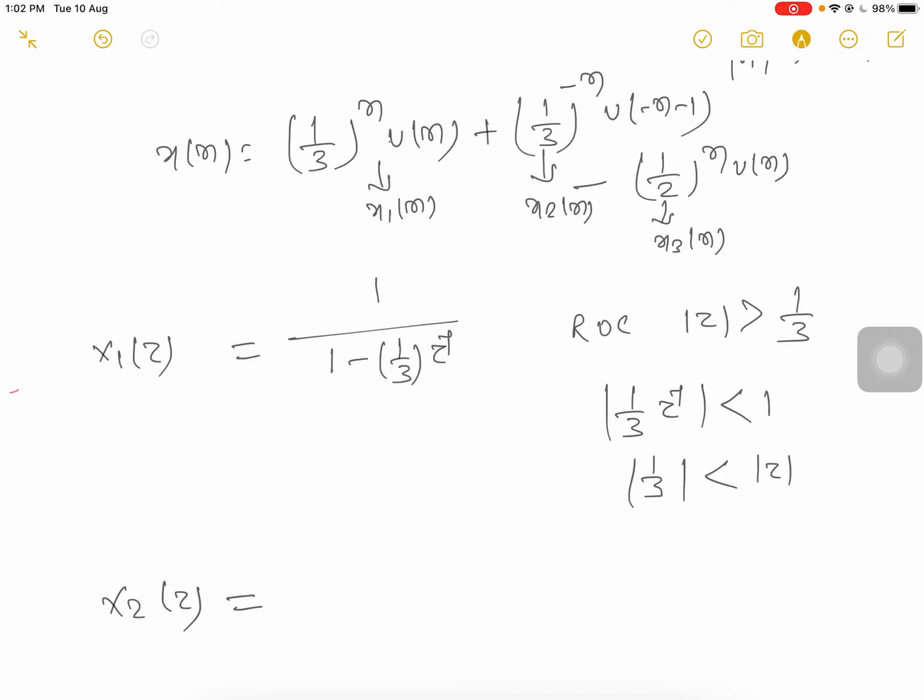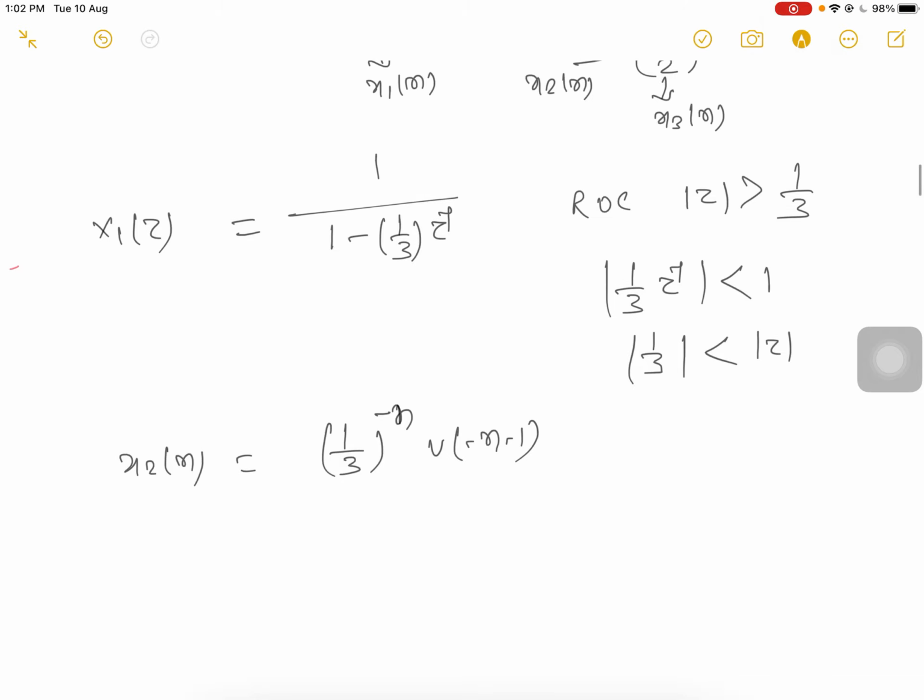Next is x2(z). What will happen in x2(z)? First modify x2[n]. Here we can say it is (1/3)^(-n) u[-n-1].